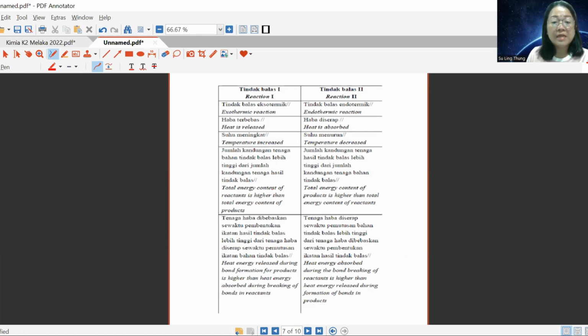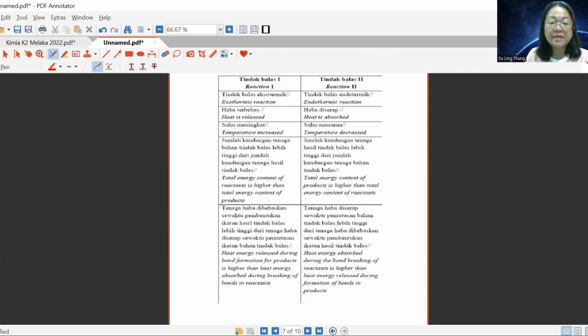The total energy content of reactants is higher than the total energy content of products in reaction 1, whereas in reaction 2, the total energy content of products is higher than the total energy content of reactants. And lastly, heat energy released during bond formation for products is higher than heat energy absorbed during breaking of bonds in reactants. This is in reaction 1 because it is exothermic.